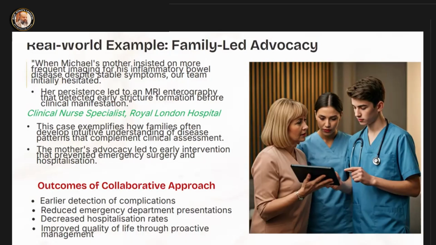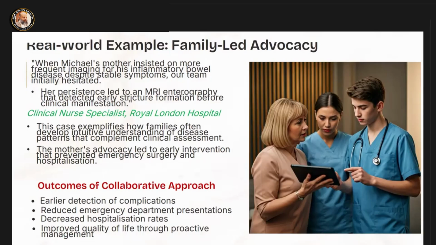This case exemplifies how families often develop very intuitive and very sensitive understandings of disease patterns that complement clinical assessment. The mother's advocacy led to early intervention that prevented emergency surgery and hospitalization.